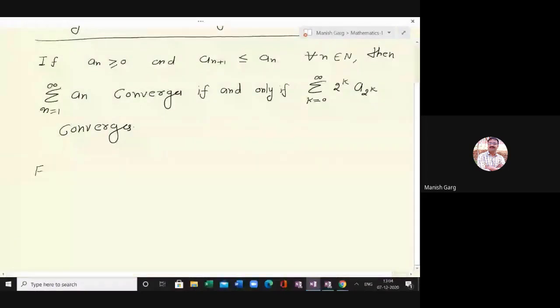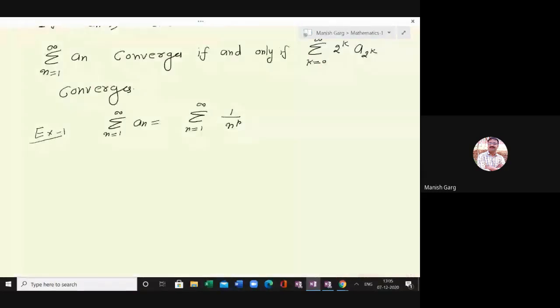So now an example: I will prove the harmonic series with this example. Suppose you have the series sum n equals 1 to infinity of 1 over n raised to power p. I will prove that this converges when p is greater than 1 and diverges when p is less than or equal to 1.